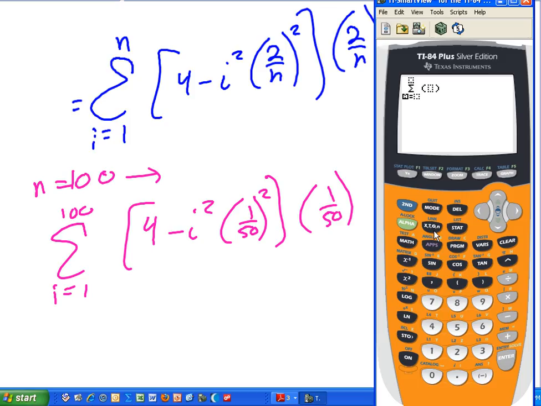Okay, so X goes from 1 to 100, and then I have to write this expression in terms of X's instead of I's. Big deal.